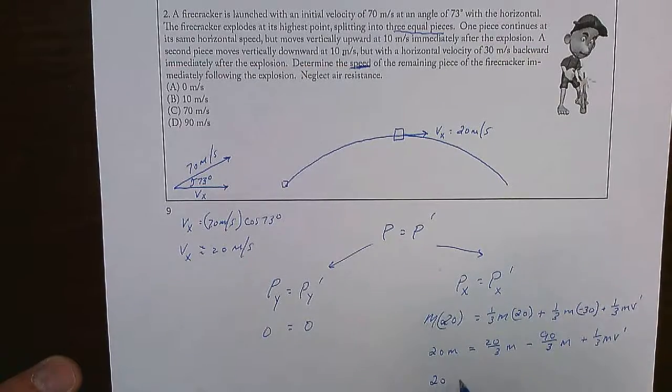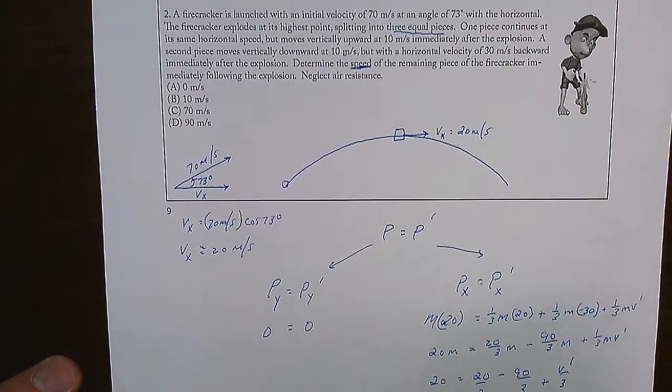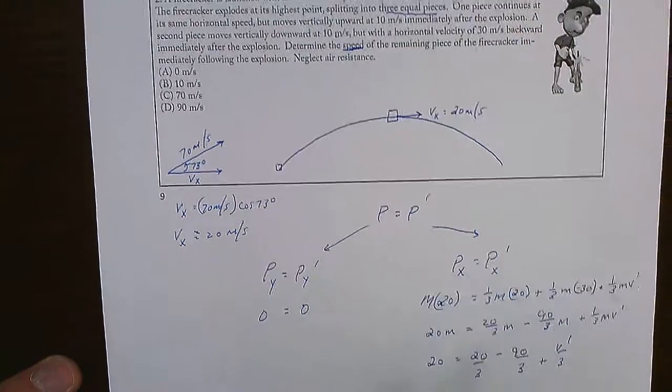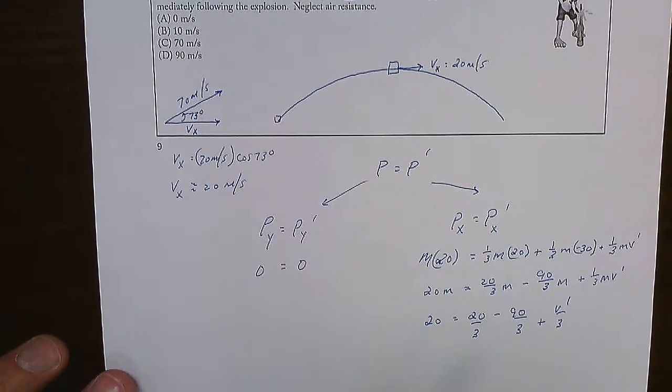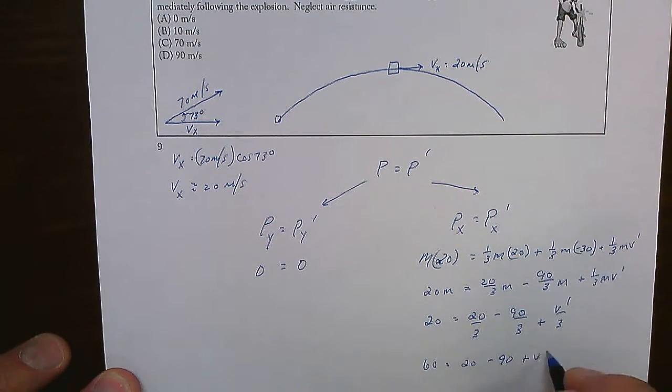So I've got 20 equals 20 over 3 minus 90 over 3 plus v prime over 3. So if I put everything over 3 to make it easy, then I've got to multiply this by 3. So really I've got 60 equals 20 minus 90 plus v prime.